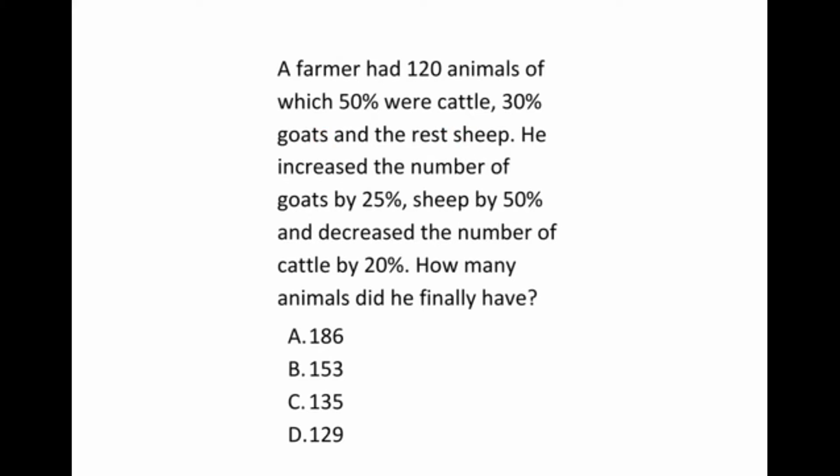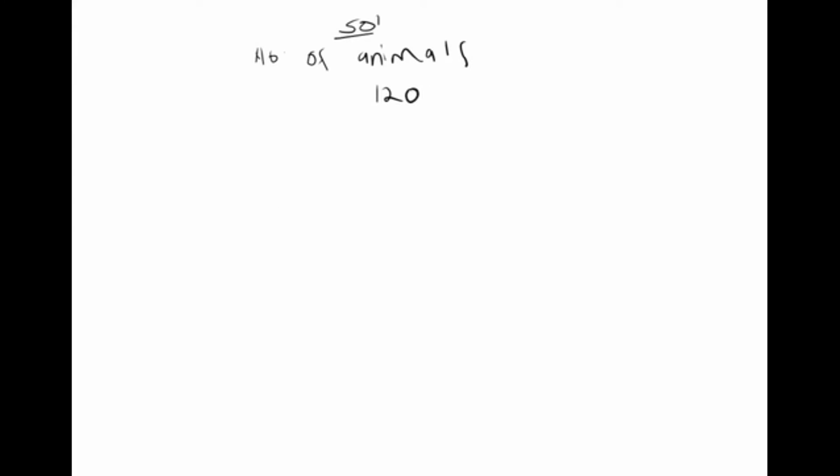So let us get the number of cattle. 50% were cattle. That is 50 over 100 times the total number of animals, which is 120.